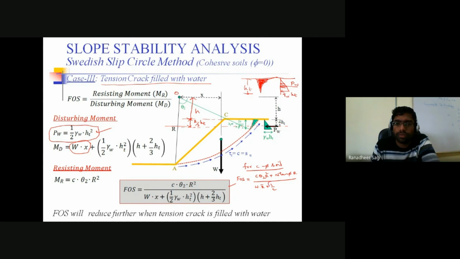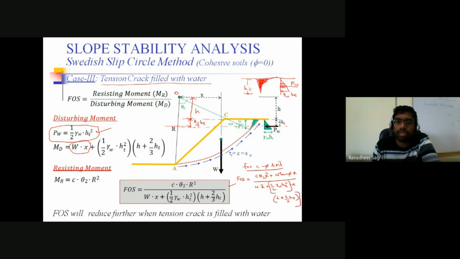half into gamma W into HT square. This is your force into the corresponding perpendicular distance, this into h plus 2/3 of your HT.